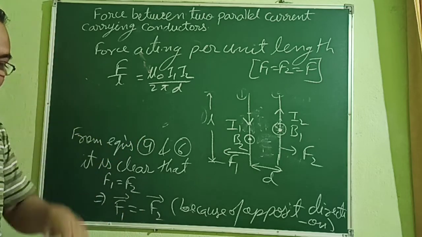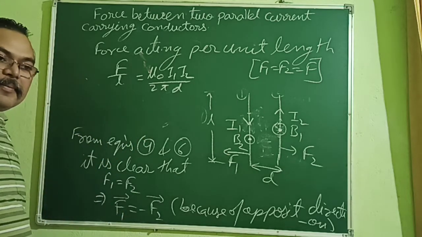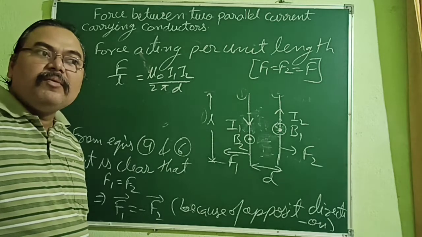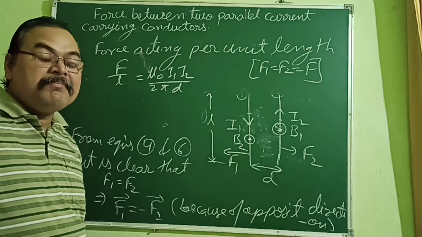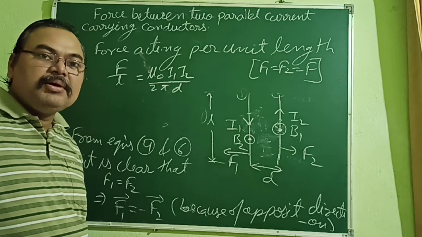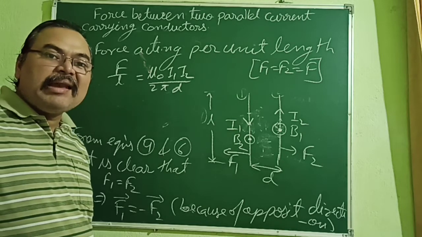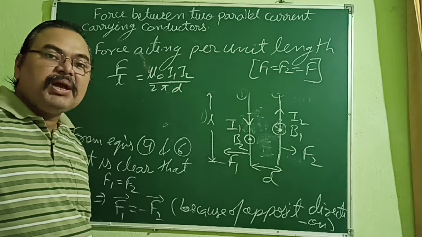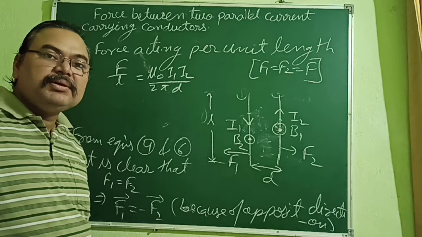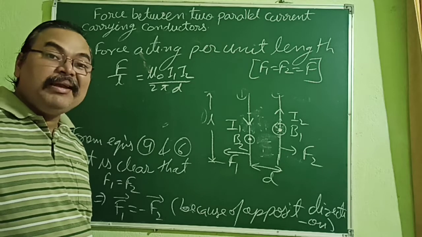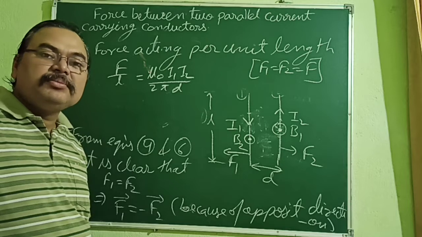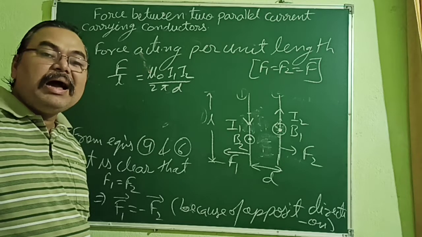Now, so you write 2 points. First point, when the direction of current is same in two parallel current carrying conductors, then the force of attraction acts between them.